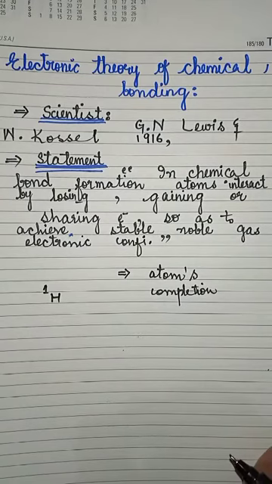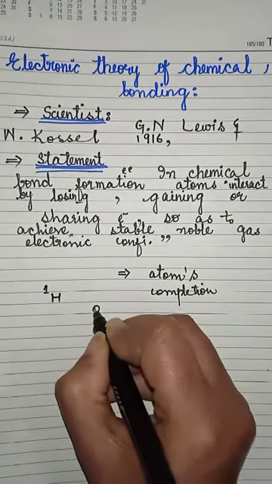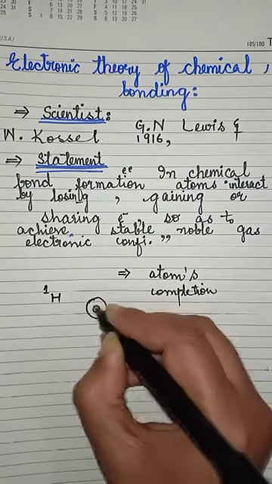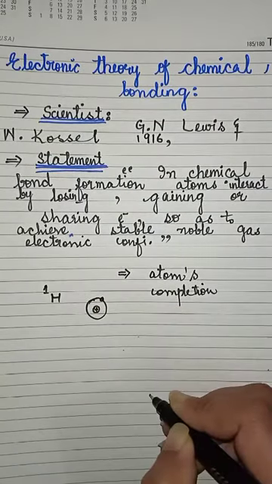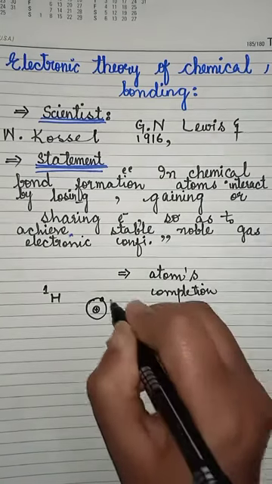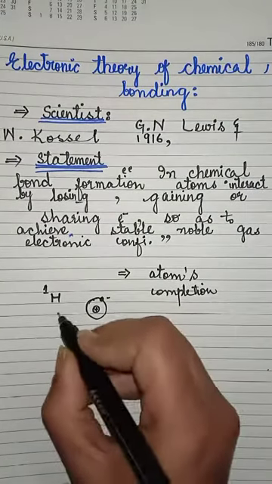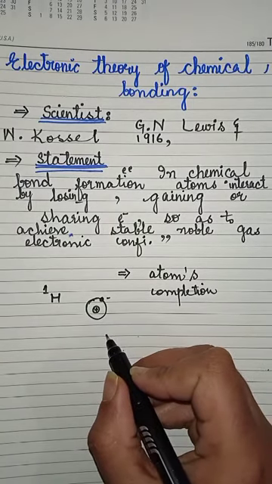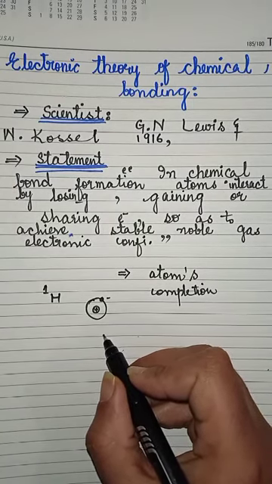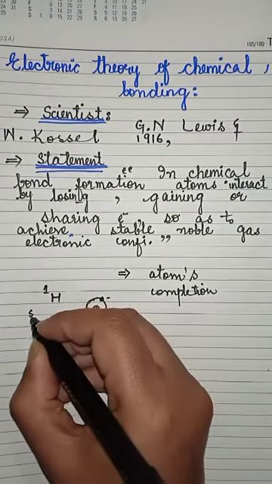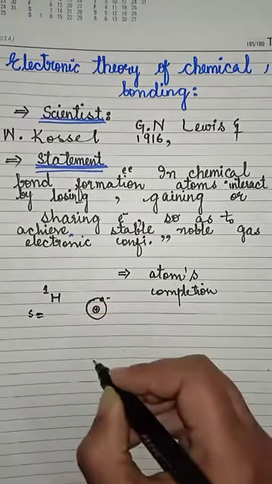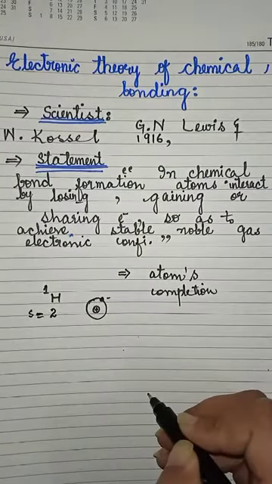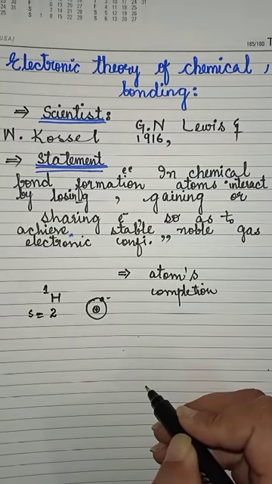Hydrogen has atomic number 1. It means in the nucleus it has 1 proton and 0 neutron, and in the valence shell it has 1 electron, right? Here it wants to complete its outermost shell, because as you know, in the s shell there must be 2 electrons, but hydrogen has 1 electron.